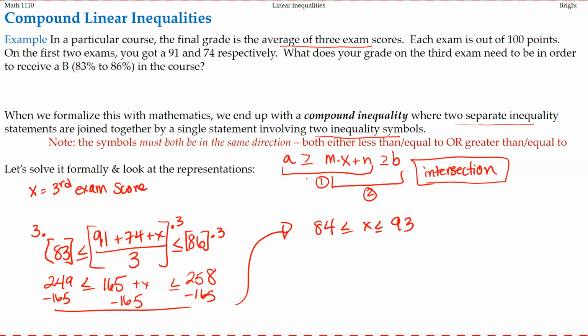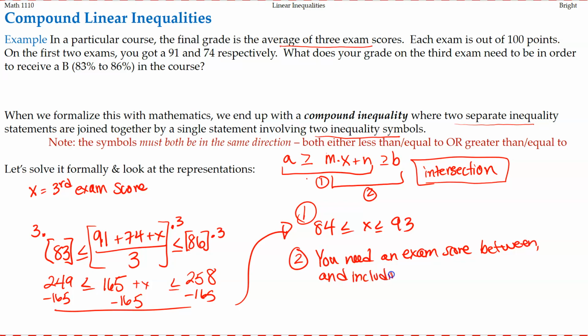This is the algebraic representation, but since it's in context, I would write my result in words. You need an exam score between and including 84 and 93.